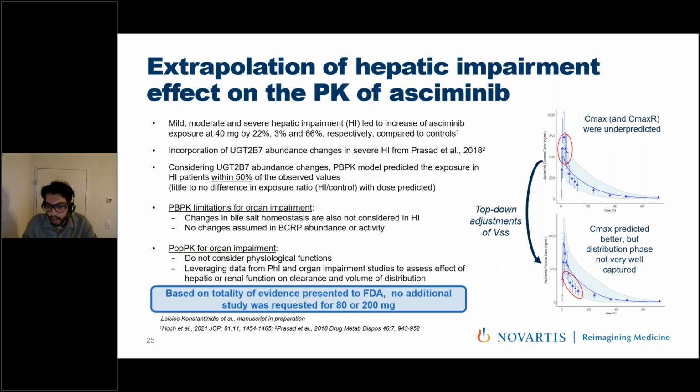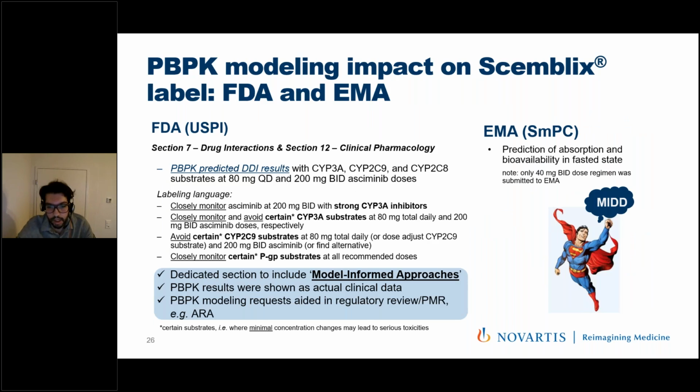All right, and if we move to the next slide, this slide summarizes the impact of the PBPK model on the USPI from the FDA, as well as on the drug product label in Europe, the SmPC. Particularly for sections 7 and 12 in the USPI, we see that the PBPK predicts DDI results for CYP3A4, CYP2C8, and CYP2C9 substrates at 80 milligram QD and 200 milligram BID.